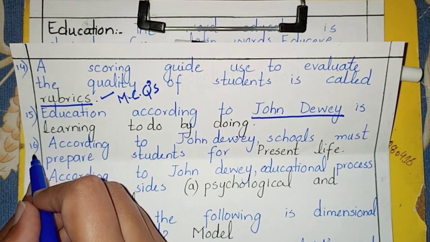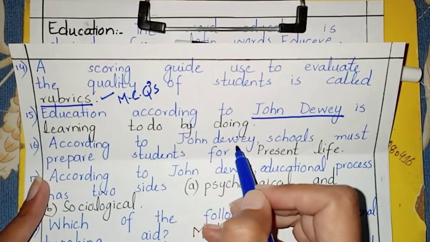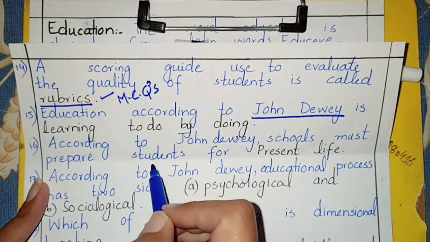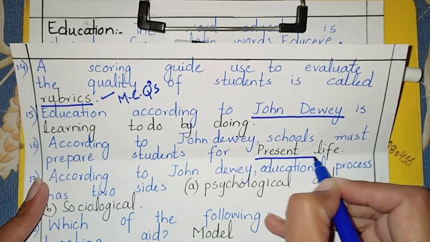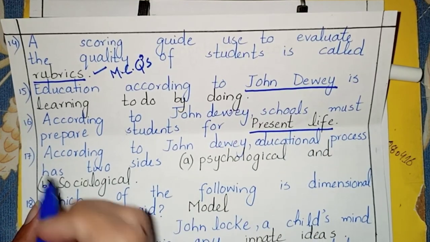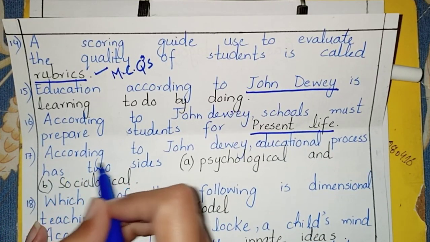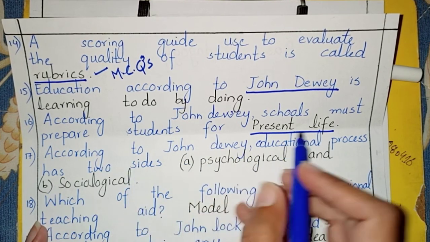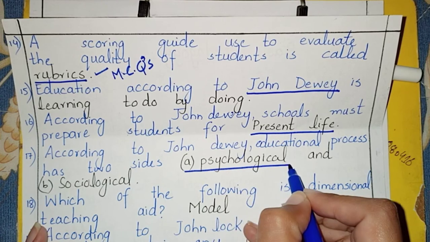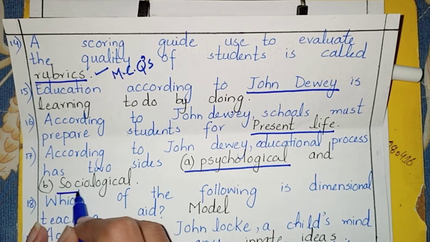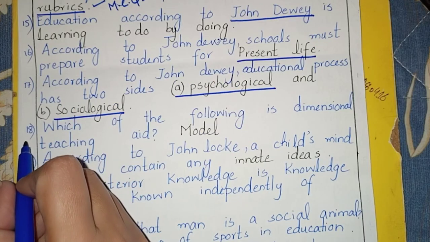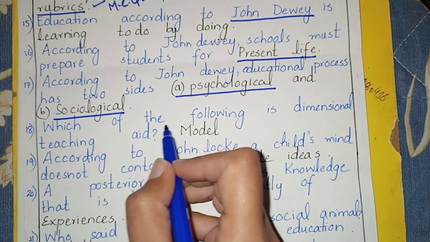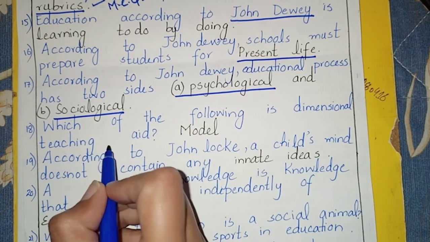Question number 16. According to John Dewey, schools must prepare students for present life. Question number 17. According to John Dewey, the educational process has two sides, psychological and sociological. Question number 18. Which of the following is a dimensional teaching aid?